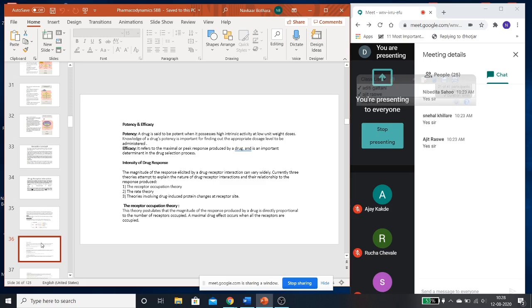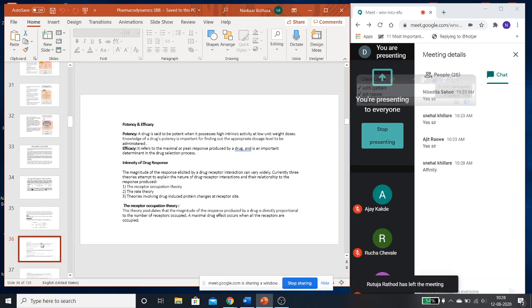Ability to bind with the receptor means what kind of property? Very good. It is affinity. So the drugs which have more affinity will have more potency. Let us see what it means.